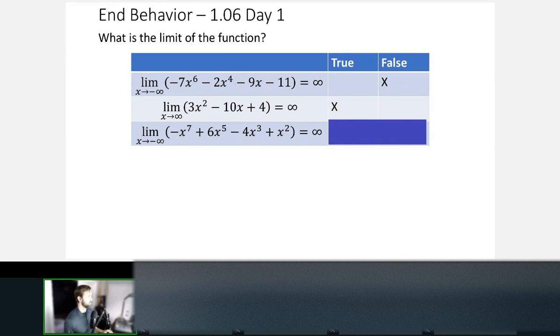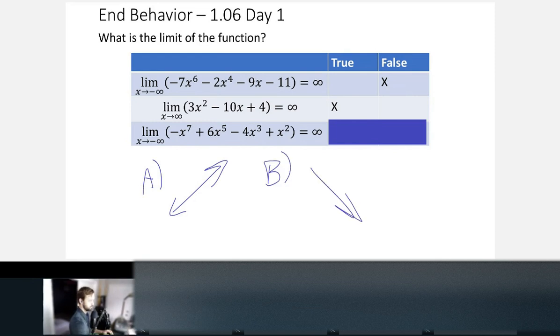So you tell me, does the end behavior look like A, or does the end behavior look like B? Let me get a little polling tool here. So for that third one, is the end behavior A or B?